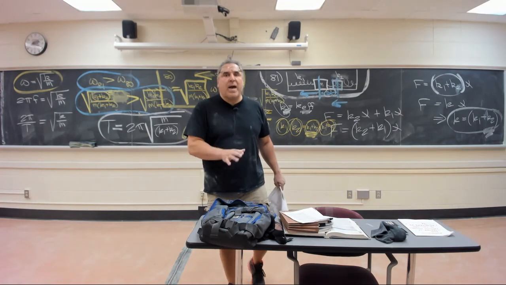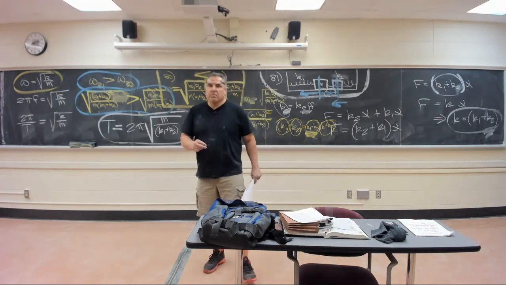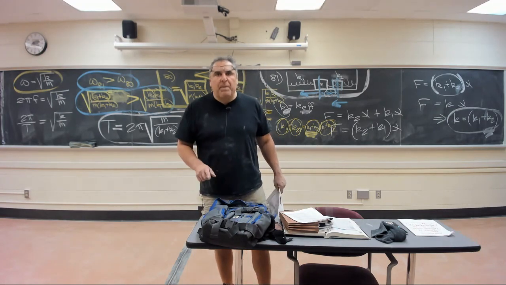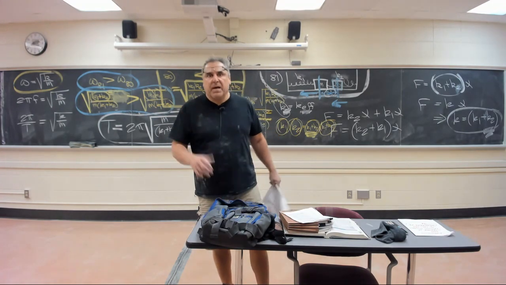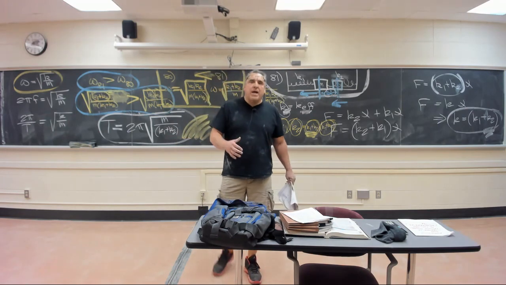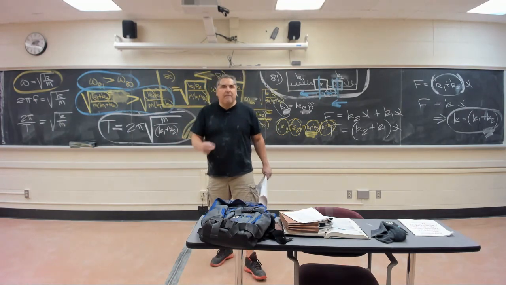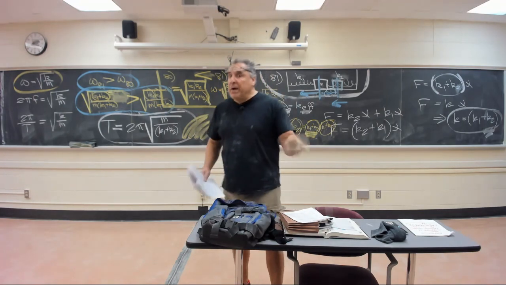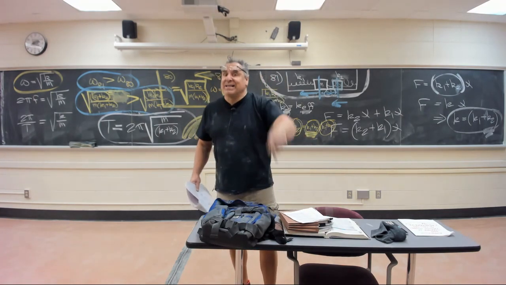If omega is greater, the frequency is greater. It's whipping back and forth faster, so to speak. If the frequency F is greater, the period for one whole cycle is less.